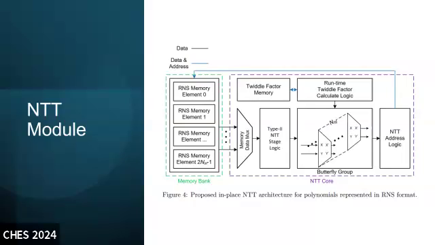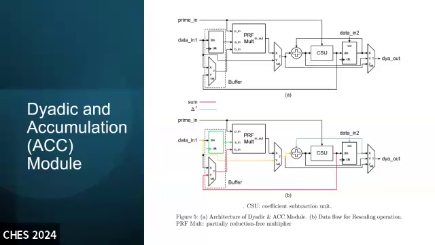And then we also needed to take care of the dyadic and accumulation module. It is like point-wise multiplication and the related accumulation, but it is still very important in the CKKS basic operations. As you can see, we have designed this architecture based on the previously proposed partial-reduction-free multiplier, then with a subtractor, and then with an adder, and also with a register to do the accumulation.